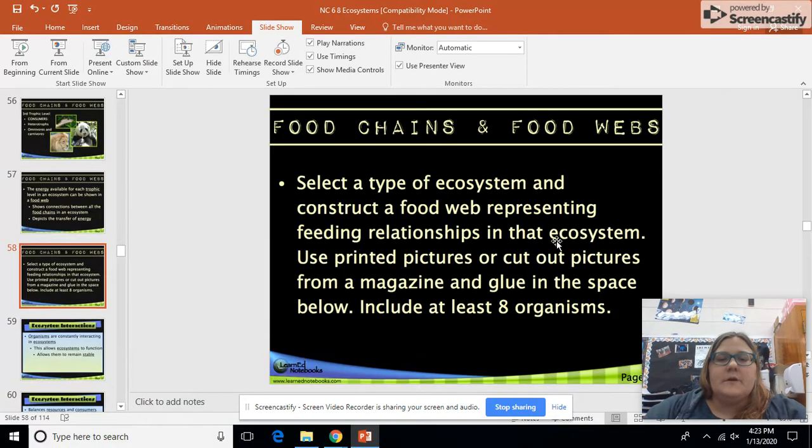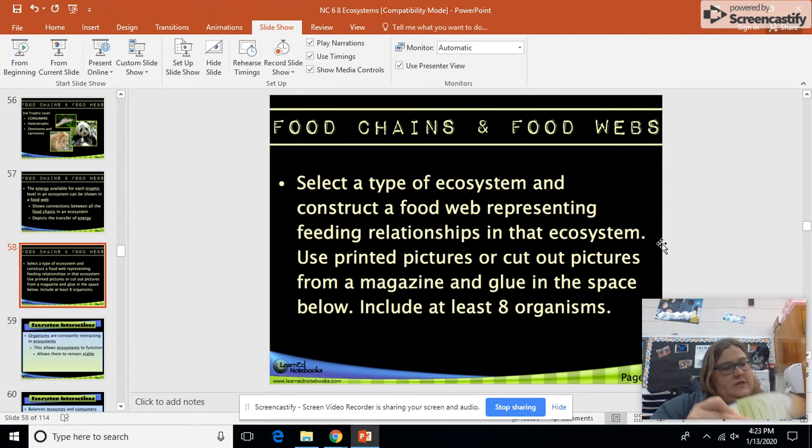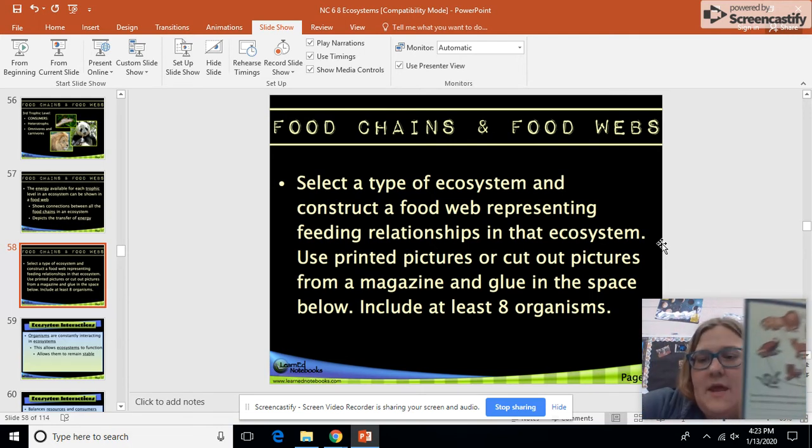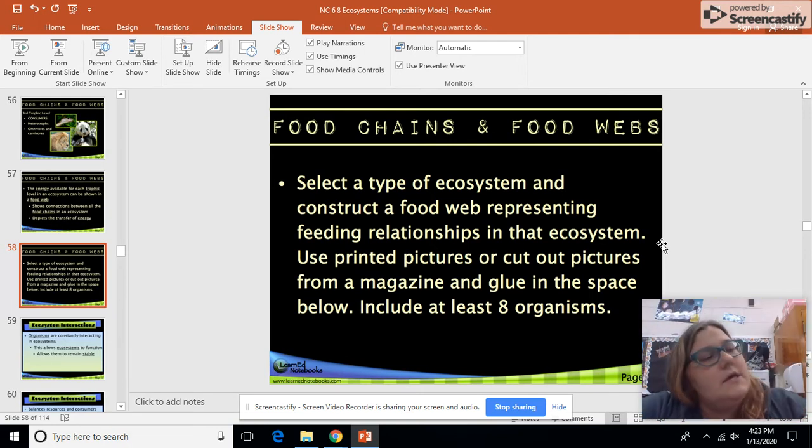I don't like it. So let me talk about page 10, and then we're going to talk about page 11. Page 10 gives you a picture, and it says, describe the events that occur in the food web above. How is this food web important for the inhabitants and the ecosystem? So you can kind of answer that. We'll discuss it.